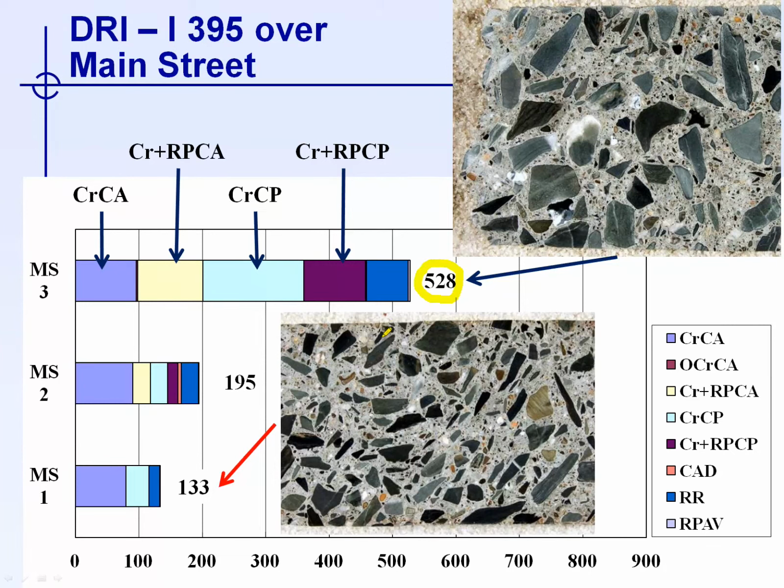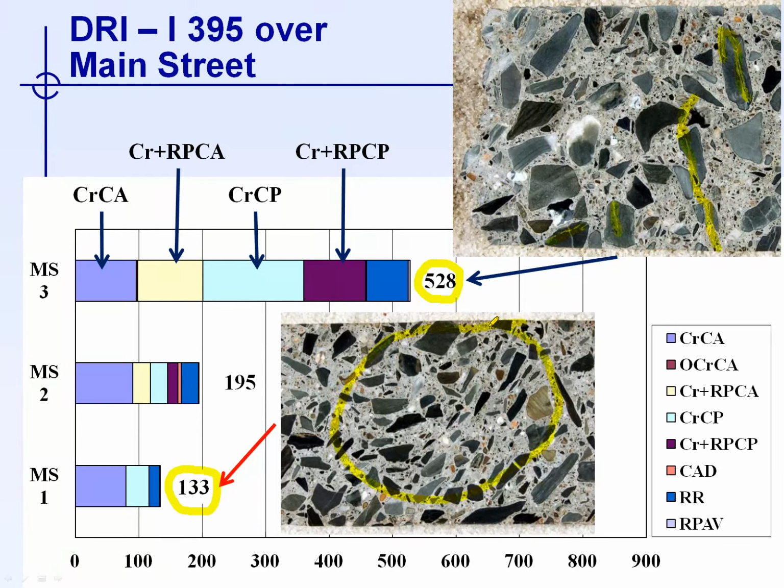As you can see here on this slide, there was a fair difference between the concrete that is exposed to moisture and the concrete that is protected from moisture under the bridge deck. In the concrete that is affected by ASR, you can see a lot of cracking in the aggregate particles, open cracks, and cracks running in the cement paste between aggregate particles.